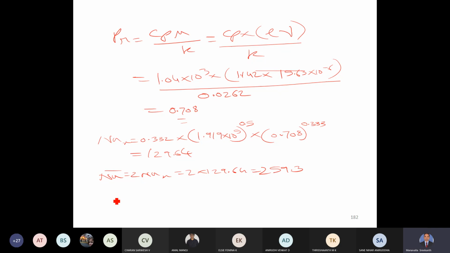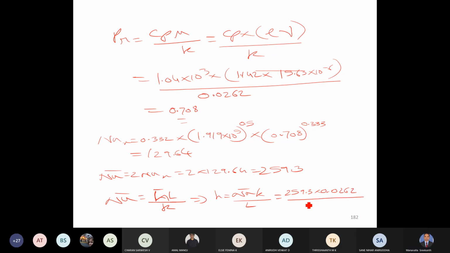The average Nusselt number is equal to the average heat transfer coefficient multiplied by the distance divided by K, or h is equal to the average Nusselt number multiplied by K divided by L. So this is 259.3 multiplied by K, 0.0262, divided by L, 1.2.